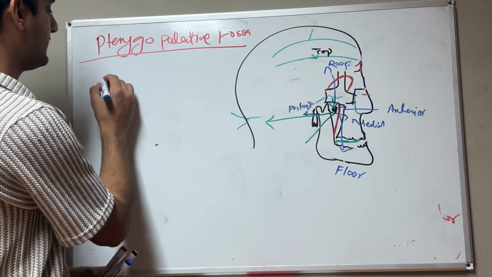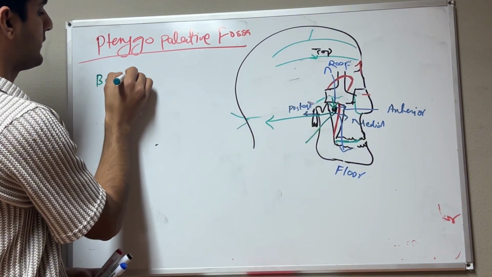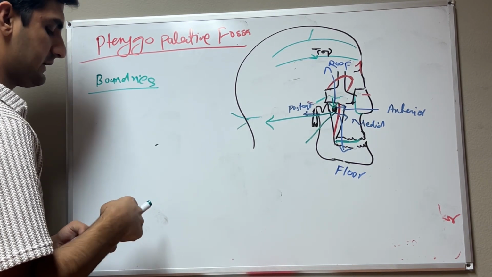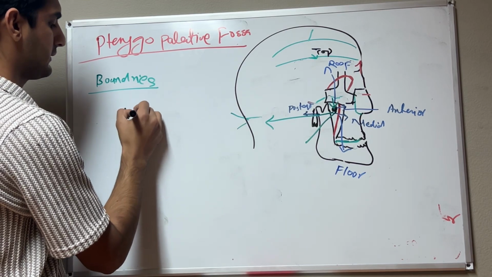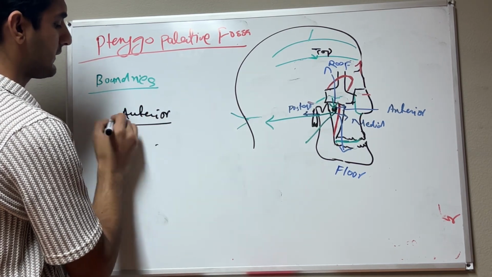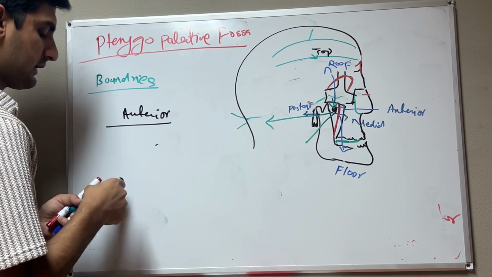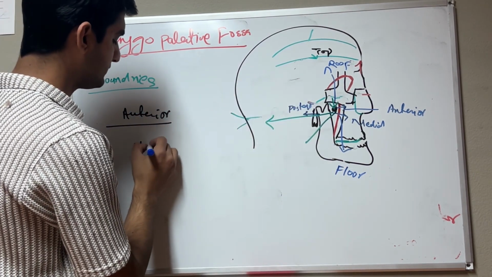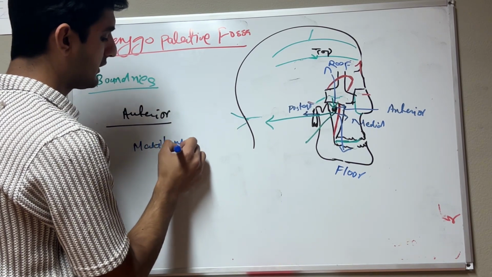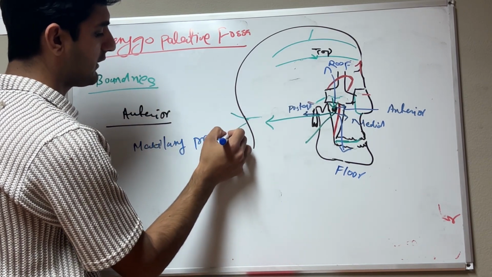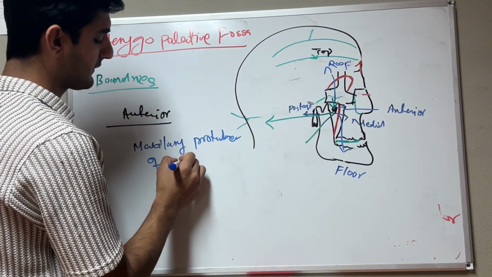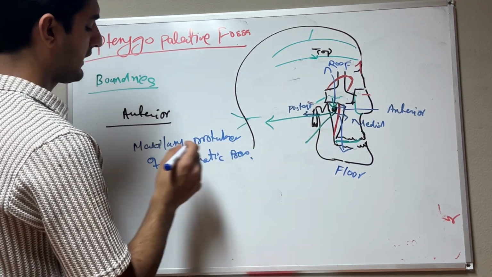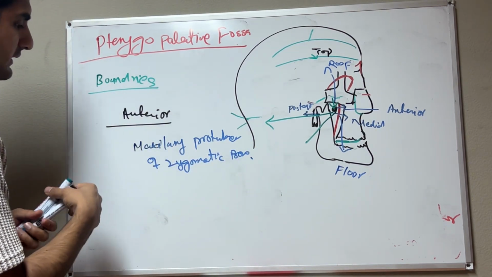Okay, now we will see the boundaries. First, the anterior connection, or you can say anterior wall. Anterior to the pterygopalatine fossa we have the maxillary protuberance of the zygomatic bone. Okay, next posteriorly.